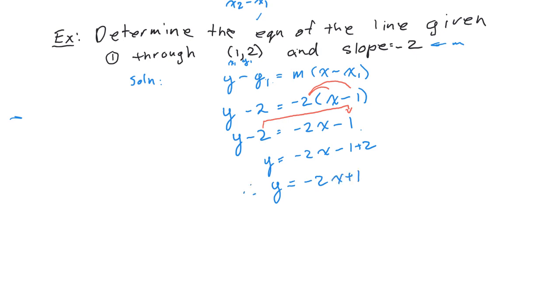There is our equation of the line. Easy peasy. And remember, the equation is given by y minus y1 equals m times x minus x1, and all we're doing is substituting for x1, y1, and m. That's it.